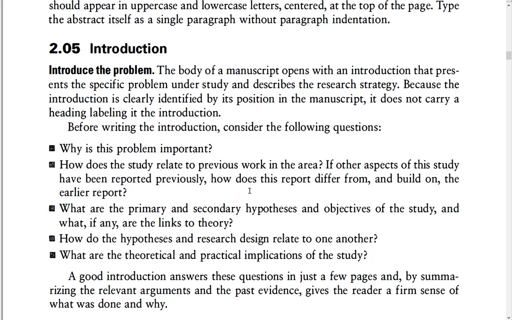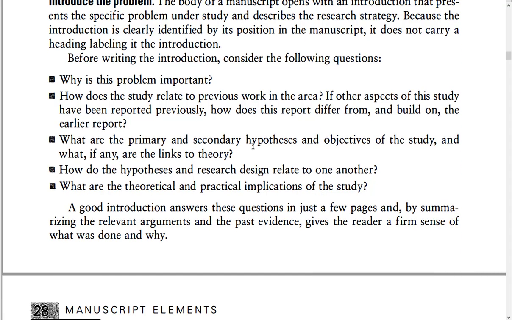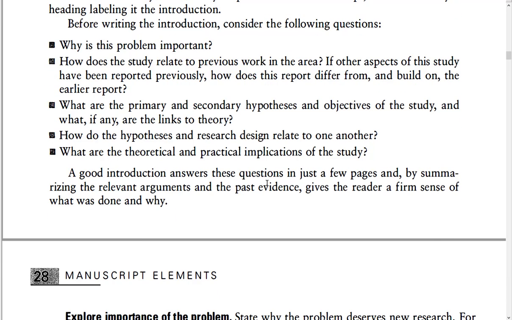How does the study relate to previous work in the area? If other aspects of this study have been reported previously, how does this report differ from or build upon those earlier ones? What are the primary and secondary hypotheses and objectives of the study? And what, if any, are the links to theory? How do the hypotheses and research design relate to one another? And what are the theoretical and practical implications of this study?